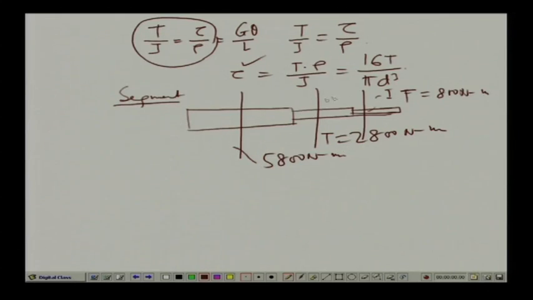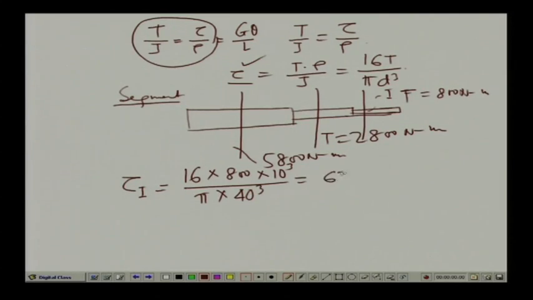Now, if we compute the values of the stresses corresponding to these 3 segments: tau for segment 1 is equals to 16 times T, which is 800 Newton meter into 10 to the power 3, divided by pi times d cube, and d in this particular case is 40, cubed, and this comes eventually as 63.7 MPa.